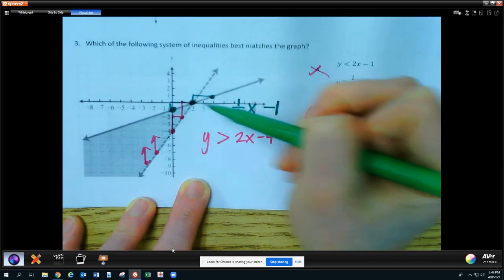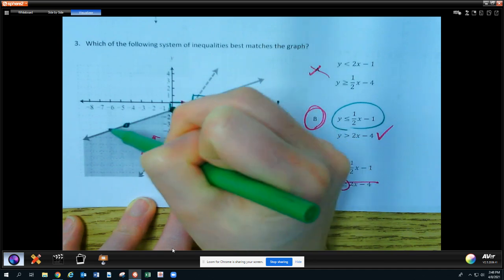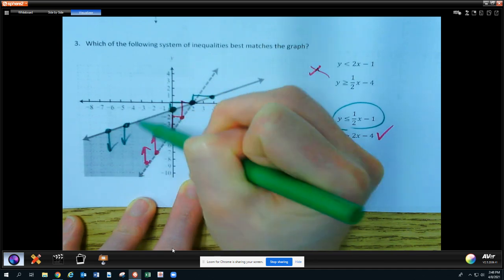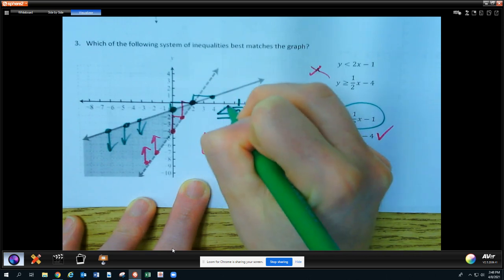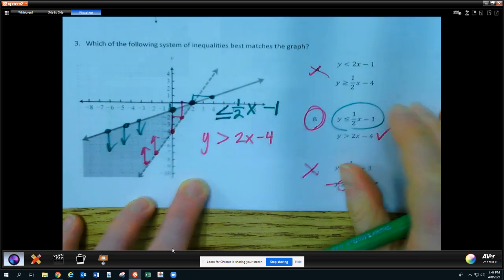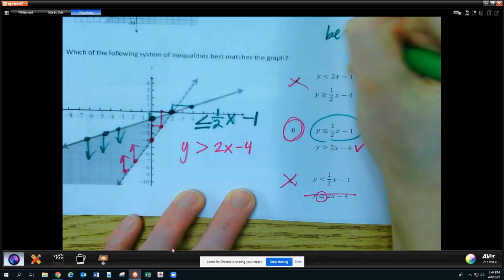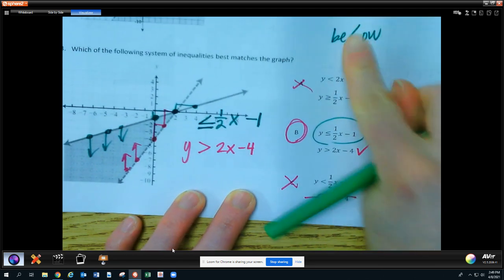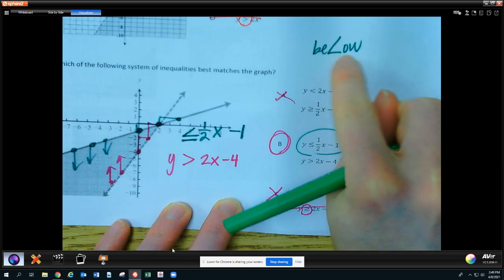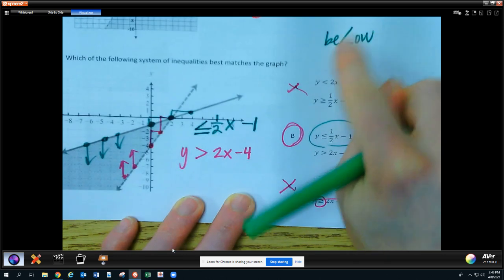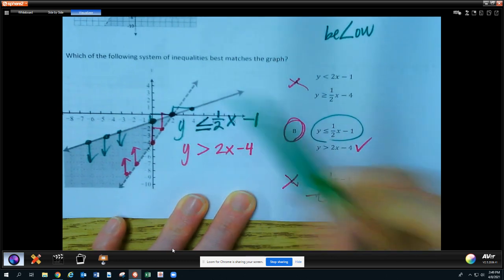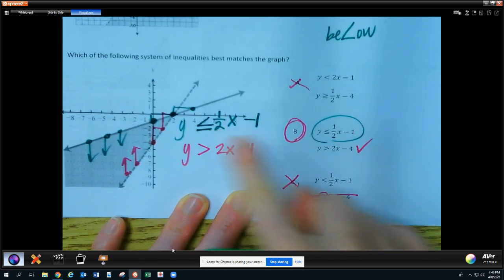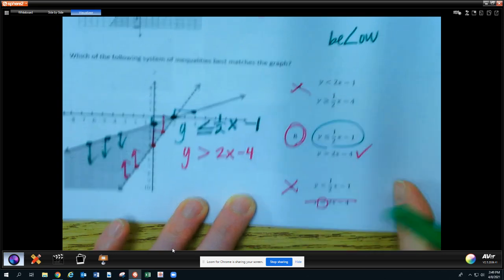It is a solid line, and then if I put my pen on any of these points, we have to shade below. So whenever I write below, I like to use the less than sign because it looks like an L, and it reminds me less than is below. Okay, and so y is less than or equal to 1/2 x minus 1. That's exactly what they have here.